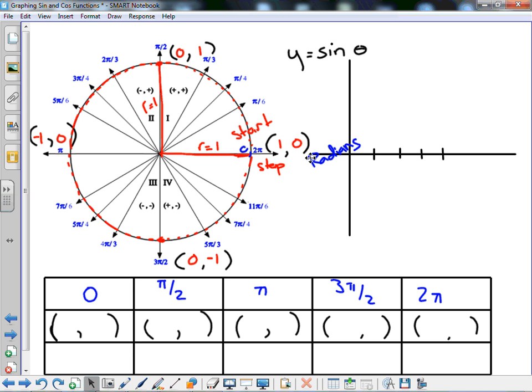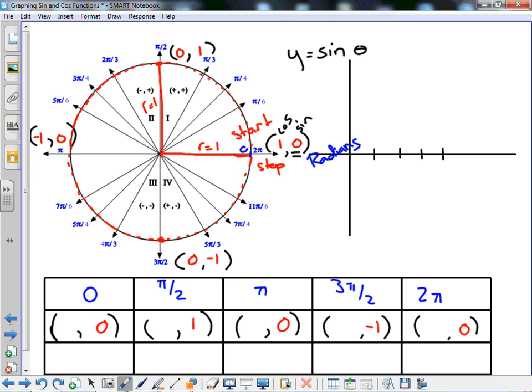Now, here we're going to be talking about the sine function. Our points are made up of the cosine and the sine, so we want the second value in that parentheses. We want the sine value. So our sines are at 0, 0, at pi over 2, 1, at pi, 0, at 3 pi over 2, negative 1, and at 2 pi back at 0.